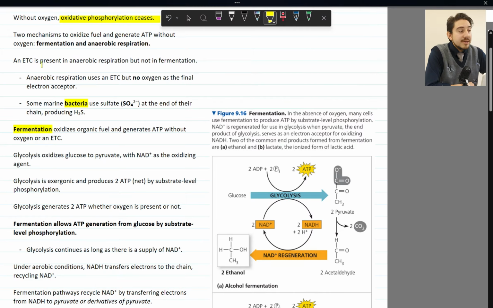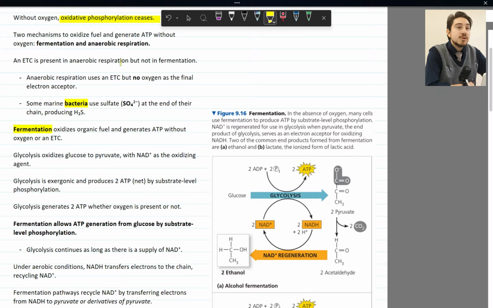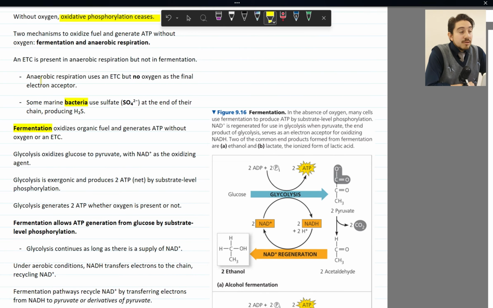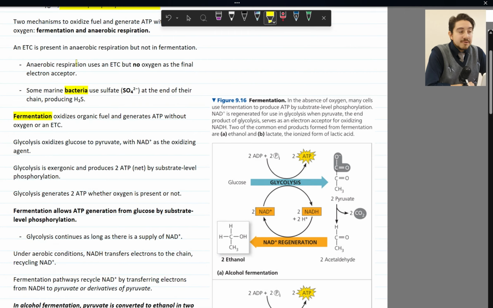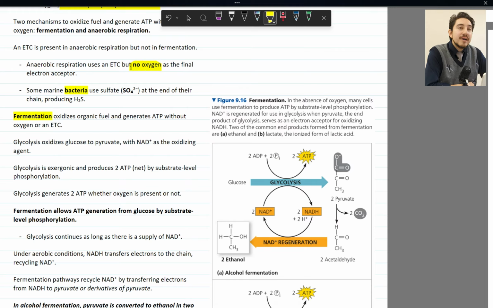An ETC is present in anaerobic respiration. So you still have the electron transport chain being used, but in the fermentation process, it is completely absent. So let's talk about anaerobic respiration. Anaerobic respiration, again, uses the ETC, but you don't necessarily need oxygen to be the final electron acceptor.